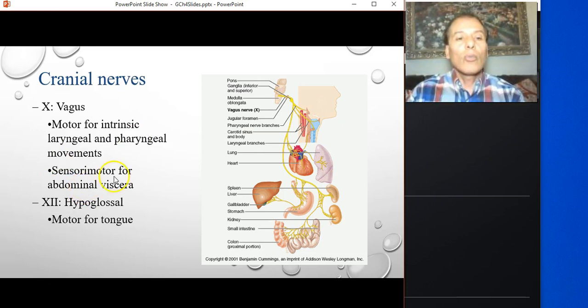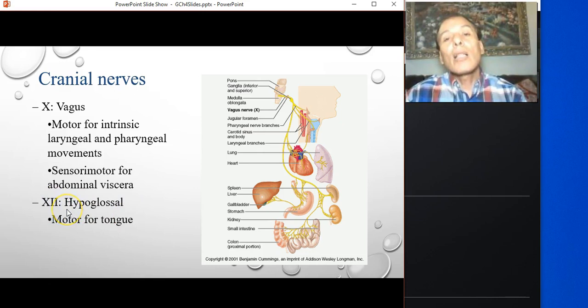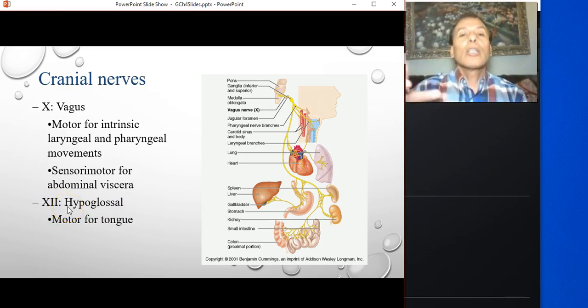It has sensory motor functions for abdominal, visceral structures, like it enables you to digest, enables your heart to beat, your lungs to breathe, and your intestines to work. And then we're just highlighting some that are significant for communication and swallowing.